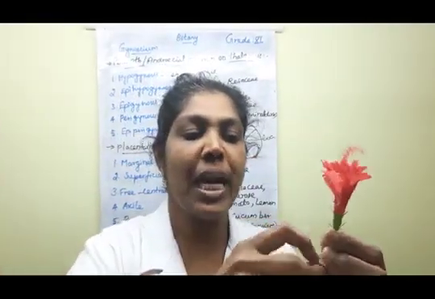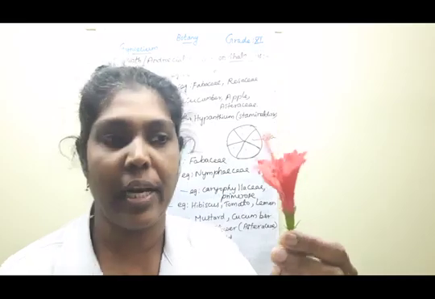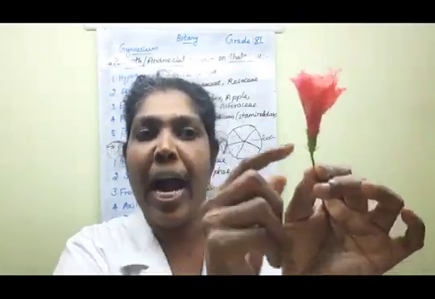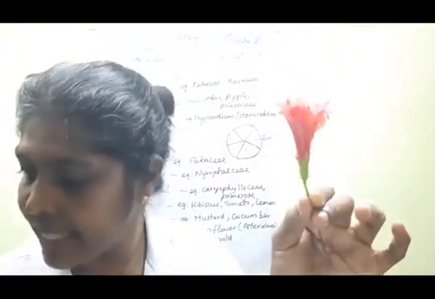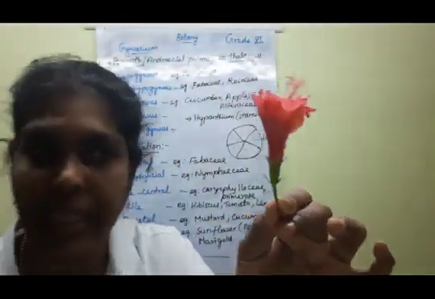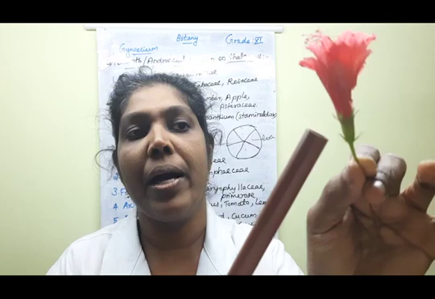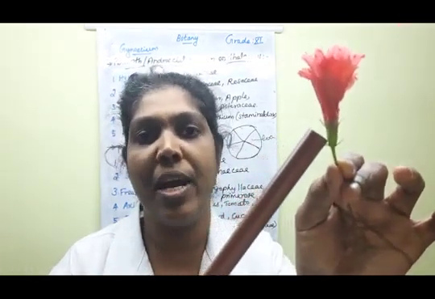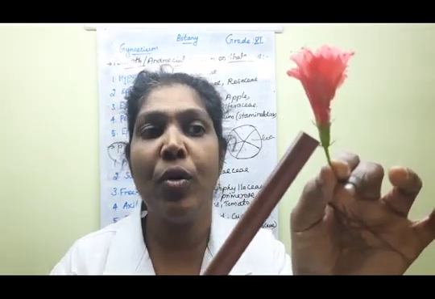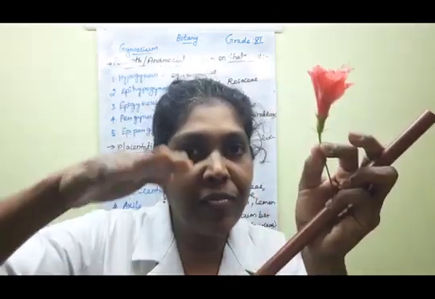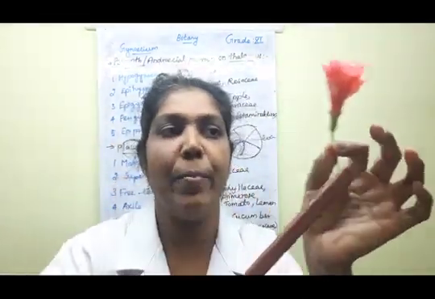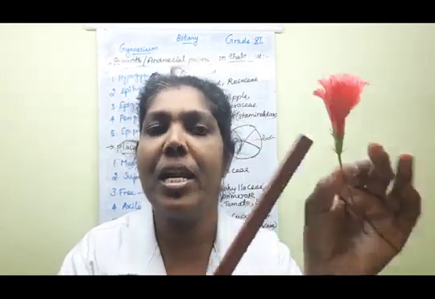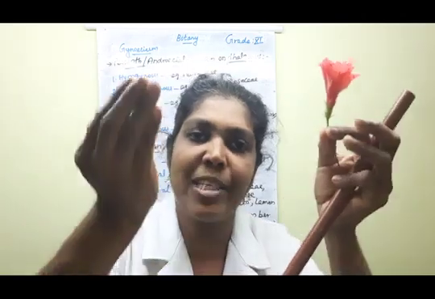I am going to explain it, children. Here the ovary is superior. Inside this part, all of you listen, this is the calyx wall. Inside this region is the ovary. At the base of this ovary are the calyx wall, corolla wall, stamens, everything, present at the base of the ovary.